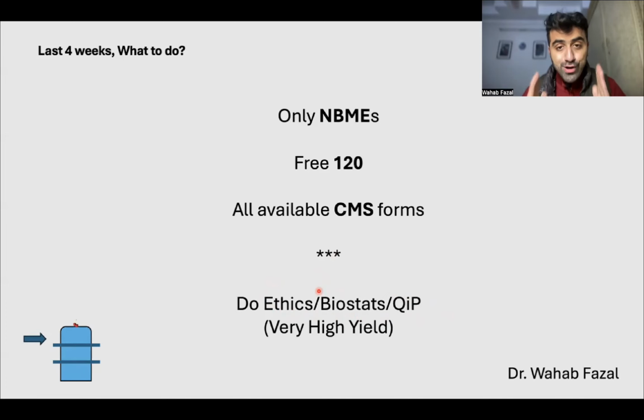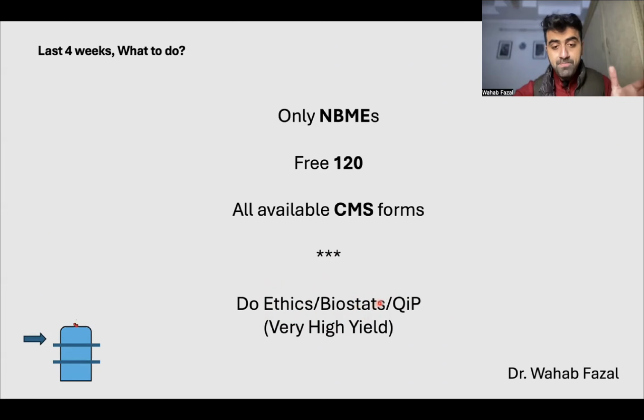Listen to me, if you want to get a good score, you need to focus on ethics, on biostats, on quality improvement protocol. Particularly biostats. When you're out of the exam, you don't know which questions you got right, right? When I was out of my exam, I honestly did not know what I did. I thought I did horrible.